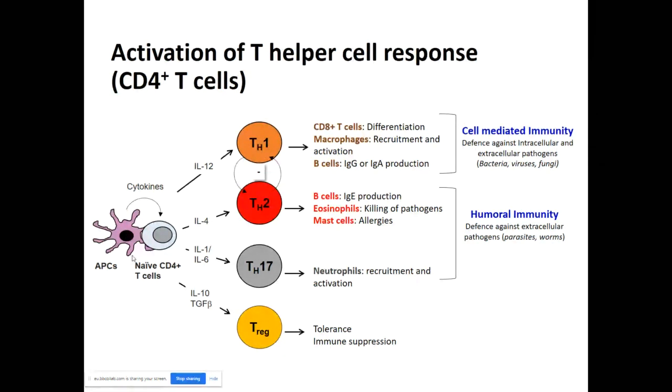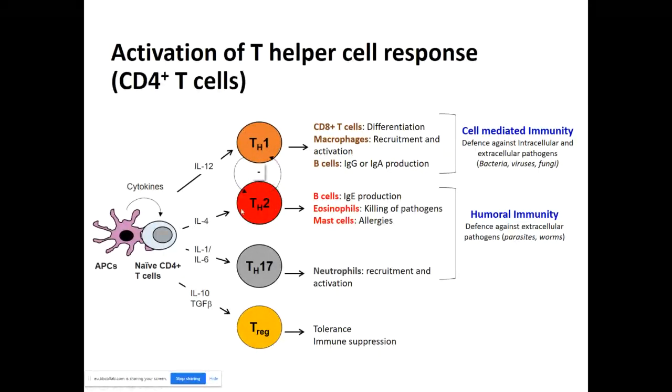If antigen-presenting cells secrete IL-4, it will become a Th2 response. If antigen-presenting cells secrete IL-1 and IL-6, they're going to become Th17. And the same for IL-10 and TGF-beta for Treg. So you can see that antigen-presenting cells can tell the naive T cell to become anything, depending on the nature of the threat.